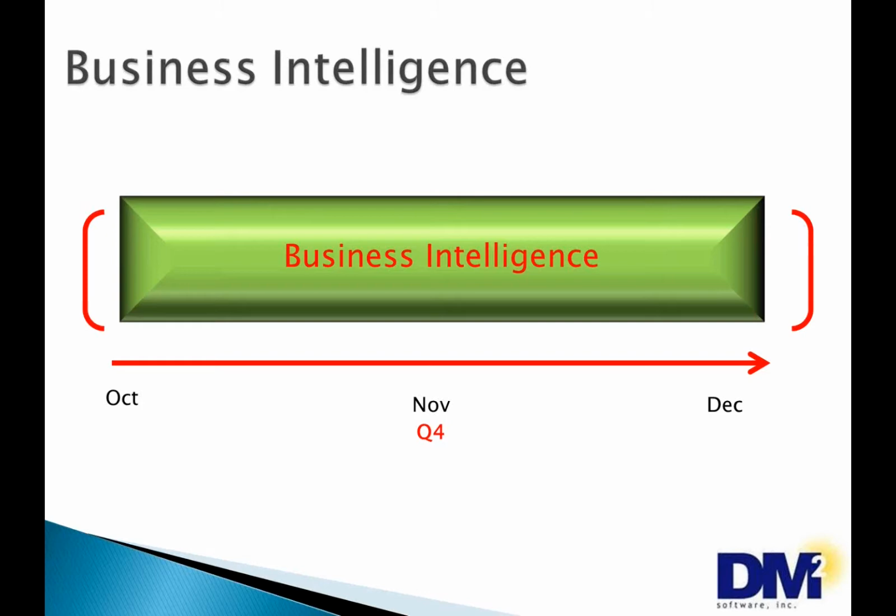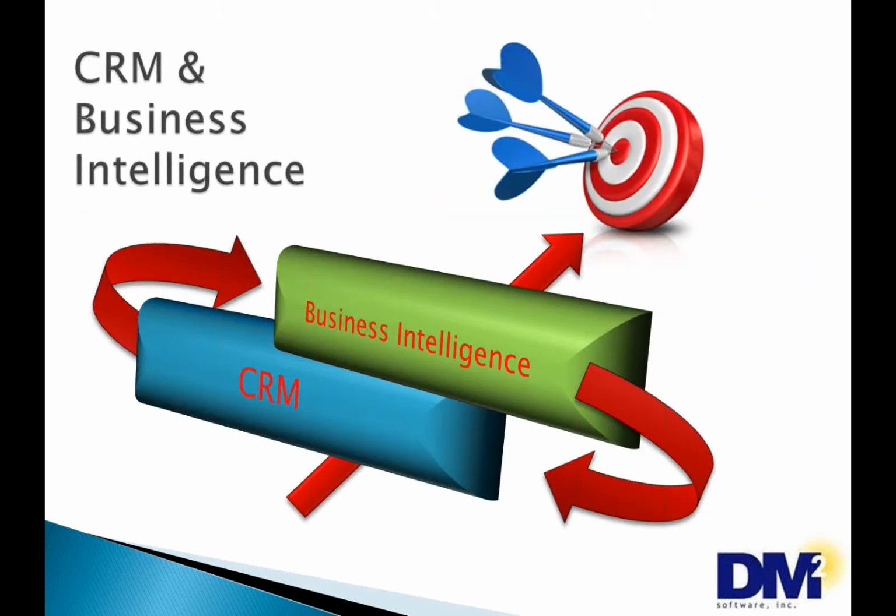We can really be proactive in how we manage our sales. Just like we would on the back office side, we've got those type of controls in place on the front office. And this is just to illustrate that point. So with CRM and business intelligence, you're much more empowered to hit target.